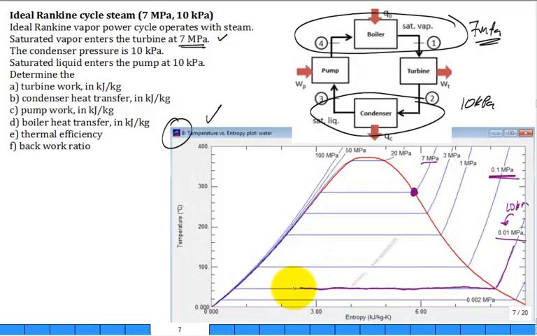Where is state 2? Straight down. There's state 2. There's state 1. Now where is state 3? And where is state 4? It's so close, it's incredible, I can hardly show it, but there it is. Same entropy, a half a degree C higher.